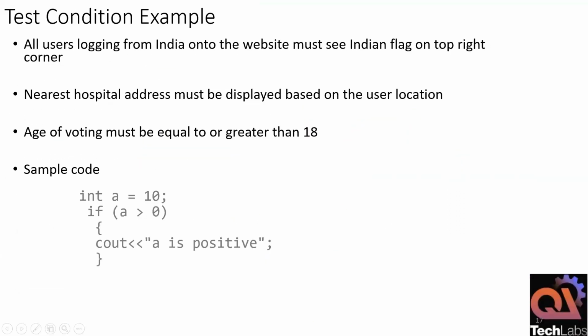Okay. Scope, cost, schedule, you understand. Test conditions. Beautiful example we took. Nearest hospital address must be displayed based on the user location. Now let us come to age of voting must be equal to or greater than 18. Do you want to take a quick minute on pen and paper near you? Do you want to put the test conditions?